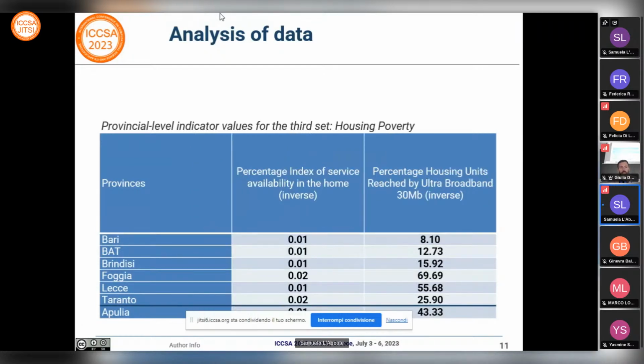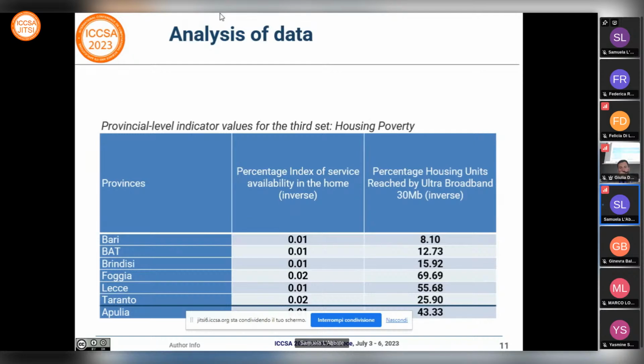The percentage values of the index of availability of services in the home are almost equal in all provinces, and in many cases are very low in all municipalities, because all municipalities are reached by the essential services of hot water and sanitation in general.